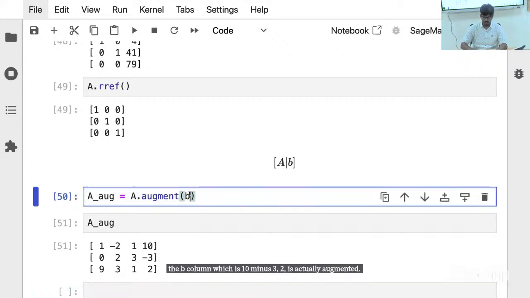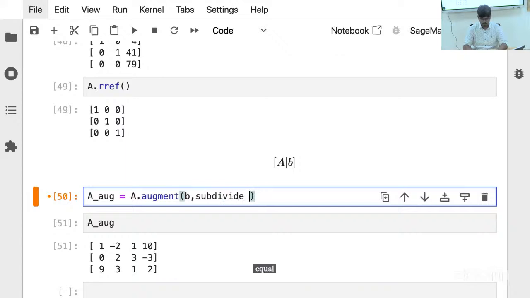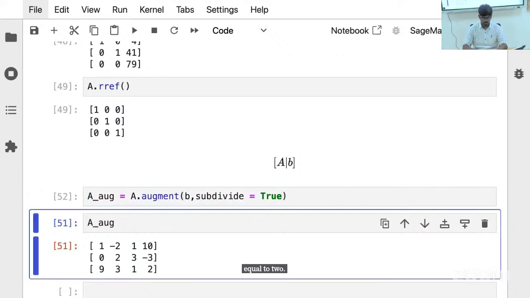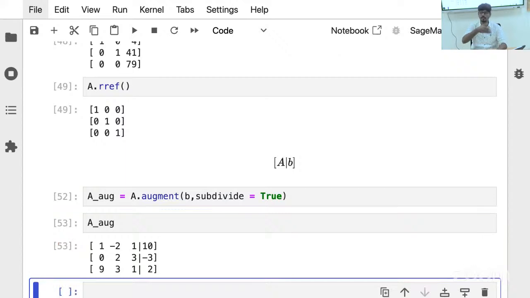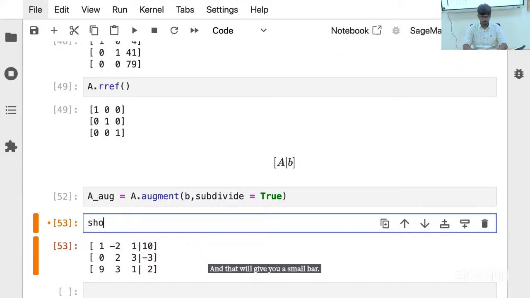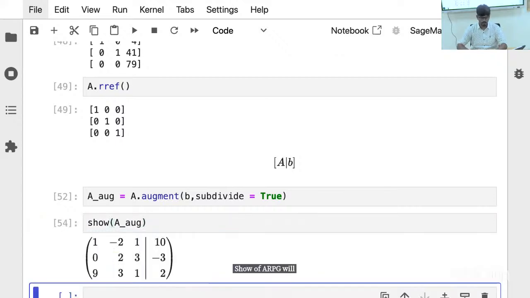Yeah. If you want to see it clearly, you can turn on subdivide equal to true, and that will give you a small bar. Probably show of it will give you a better way of looking at it.